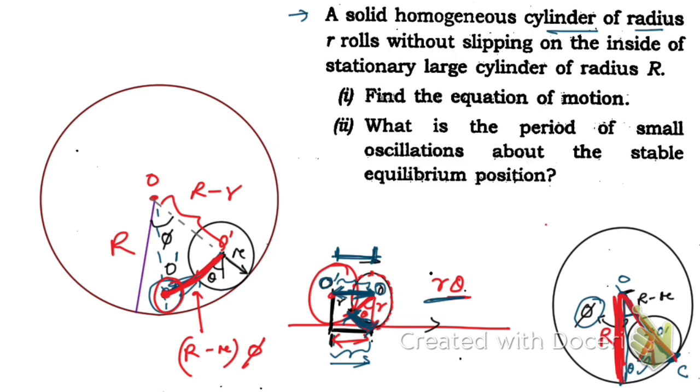That must be equal to this distance, which is equal to this arc of small r, whose length is r theta. So that's why we get this equation: r theta is equal to this, right?